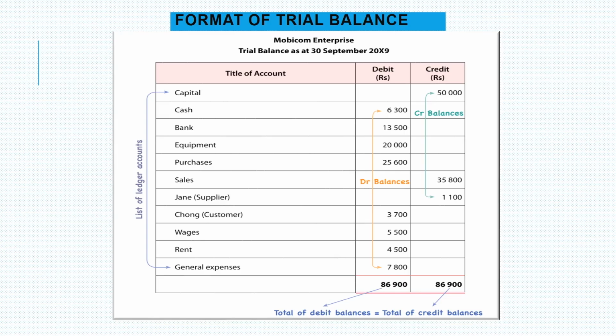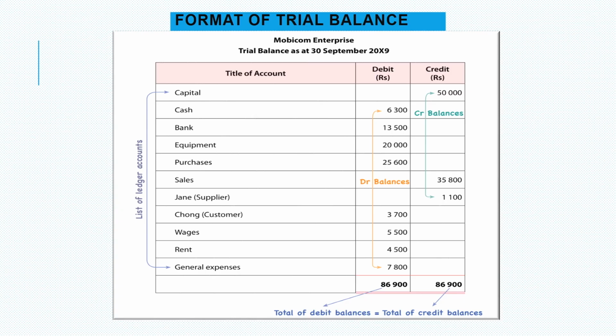This is an example of Mobicom Enterprise trial balance. As you can see, the trial balance has been prepared for the end of the month of September. Therefore, it has the title Trial Balance as at 30th September 2019.